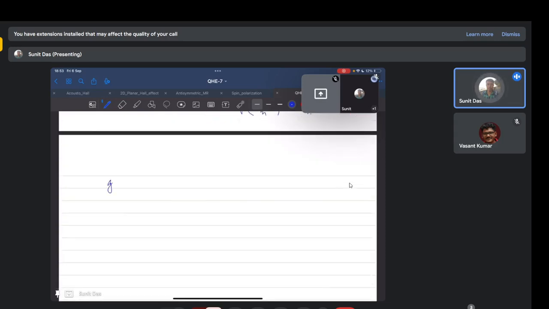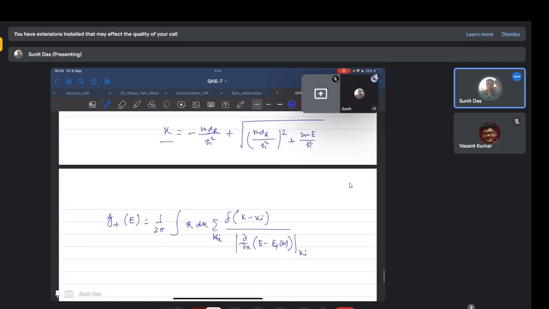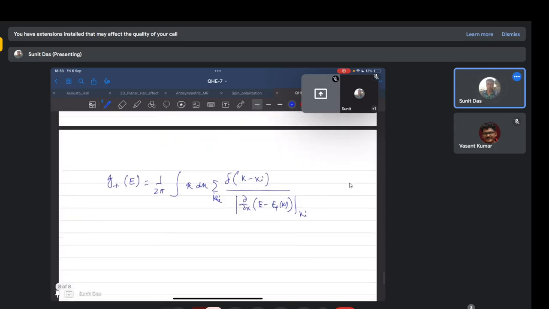So we have g of plus at some energy E, 1 by 2 pi, and then we had k dk delta of k minus ki. We had a sum over ki, all the roots, and del k of E minus E plus of k, mod, at ki. Now ki is simply this one. So we have 1 by 2 pi.